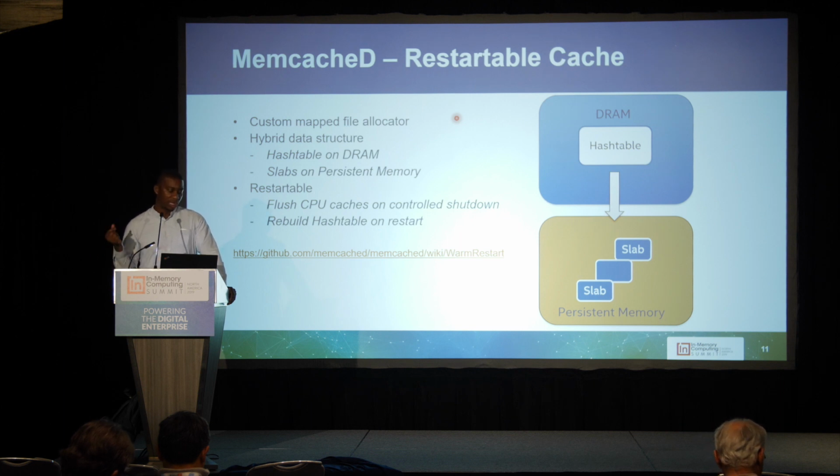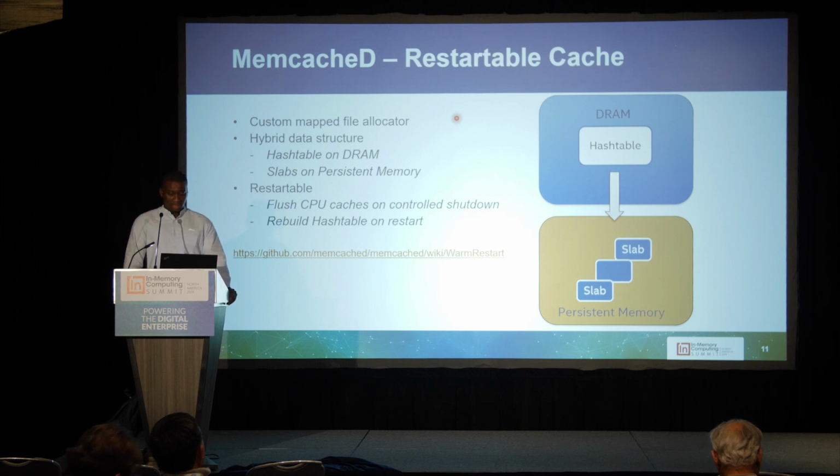Although you don't have to do this yourself, the application takes care of that for you. And then on a restart, they also rebuild the hash table. They walk through the slabs and rebuild the key value pairs in the slabs, and they rebuild the hash table. Again, I provided a link to the restartable cache option on Memcached.